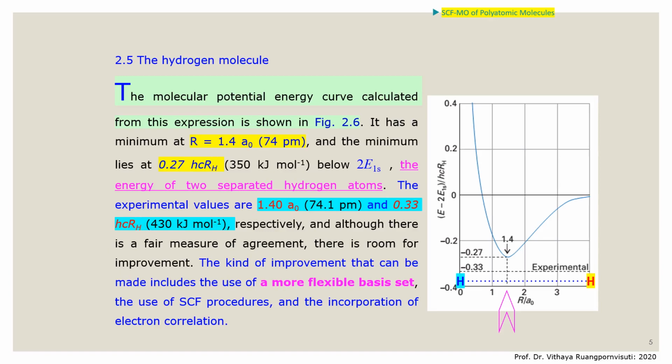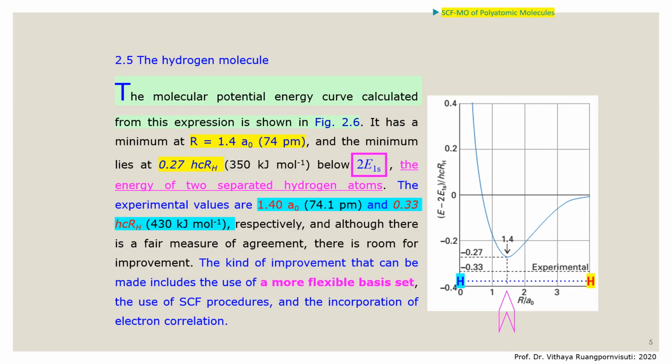This value is below 2 times the energy of the 1s orbital, which means the energy of 2 separated hydrogen atoms.